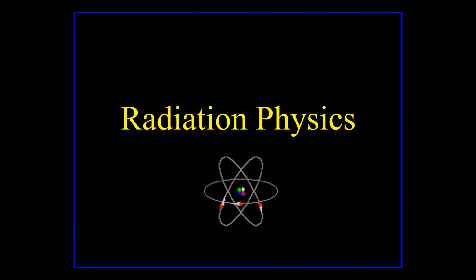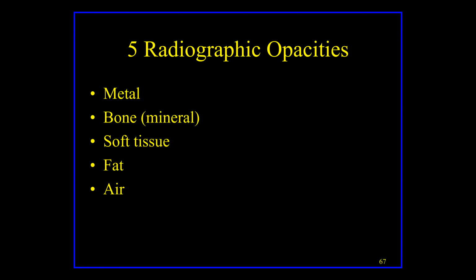Okay. All right. So we left off, we're going to talk about radiation physics today. And the first thing that we have to realize, and I want you to think about, is there are only 5 radio opacities, or 5 shades of gray, if you will, that you can see on radiographs. The most white thing that you can see is metal.